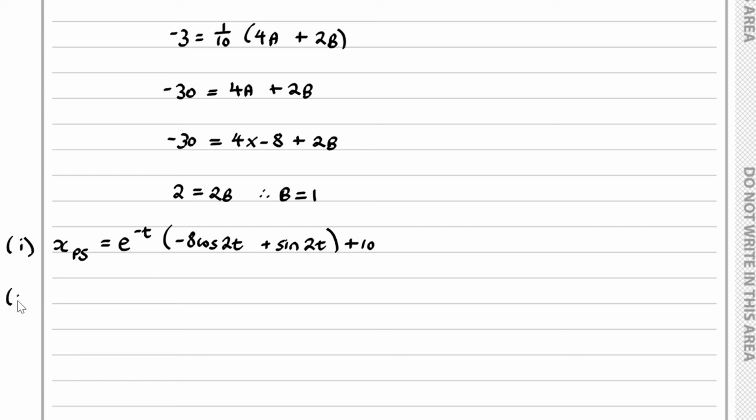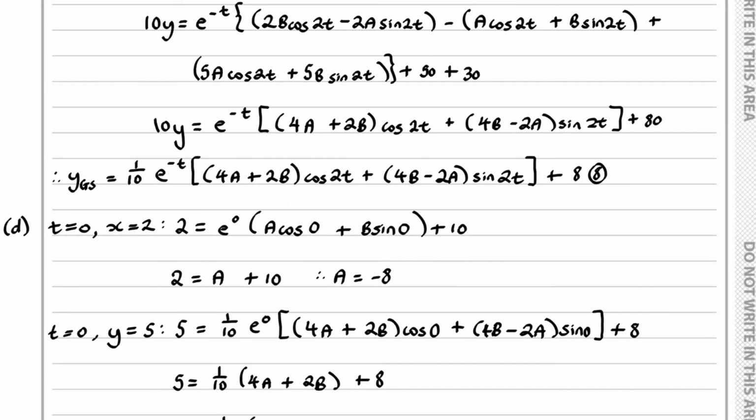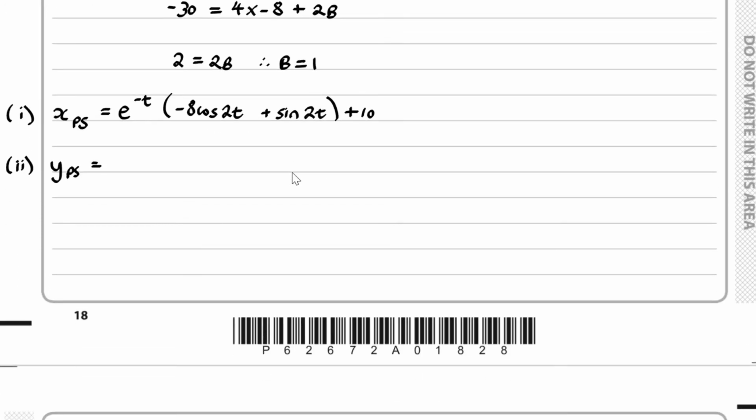And the particular solution for y, substituting into equation number 8, well, here we've got 4a plus 2b, so we've got minus 32 plus 2, that's minus 30. So here we've got minus 1/10. No, we don't. We've got positive 1/10.